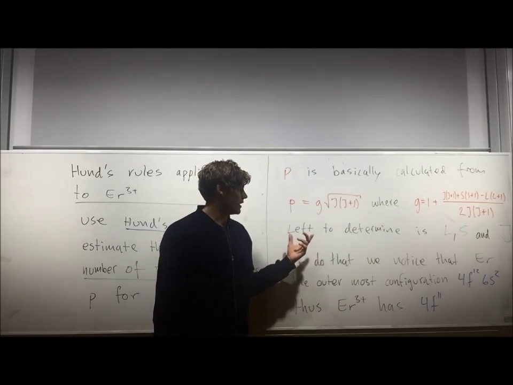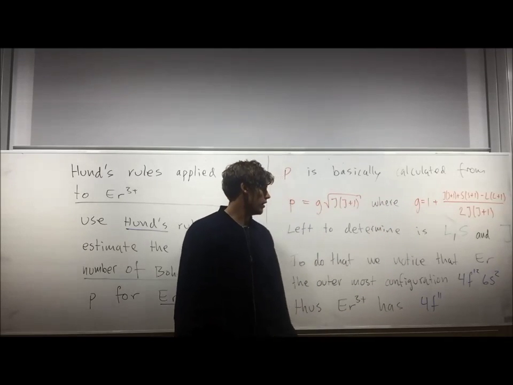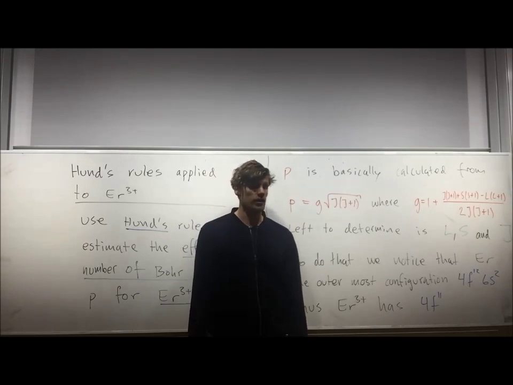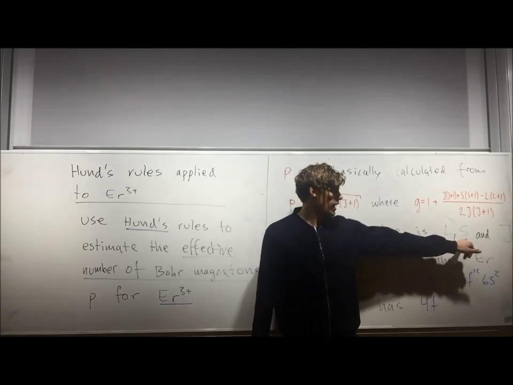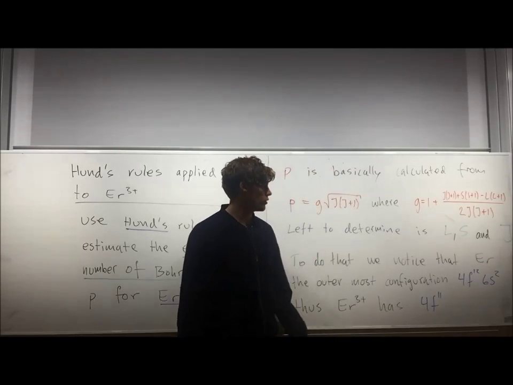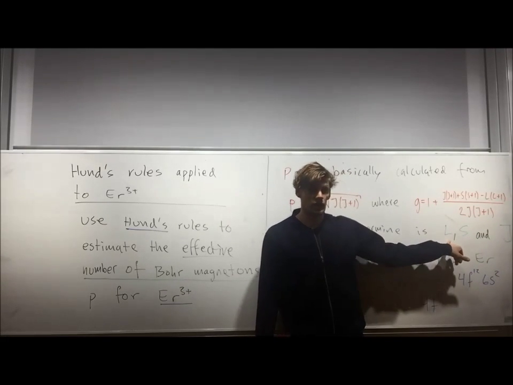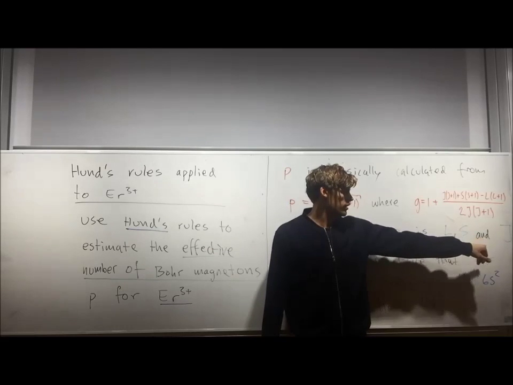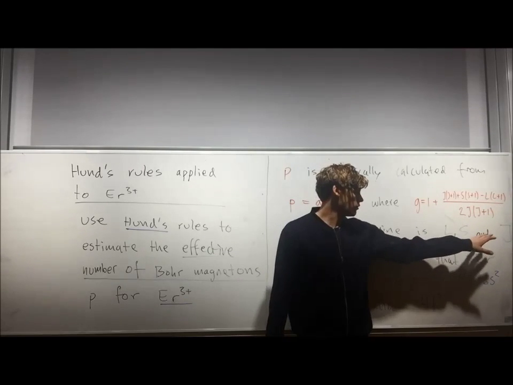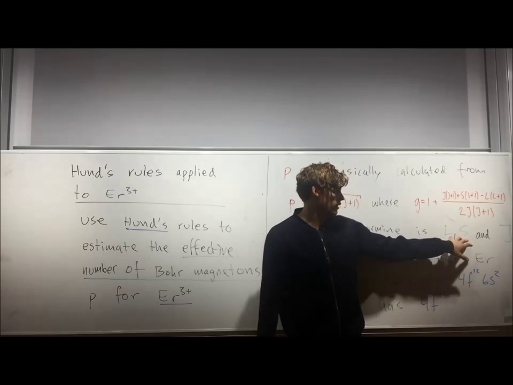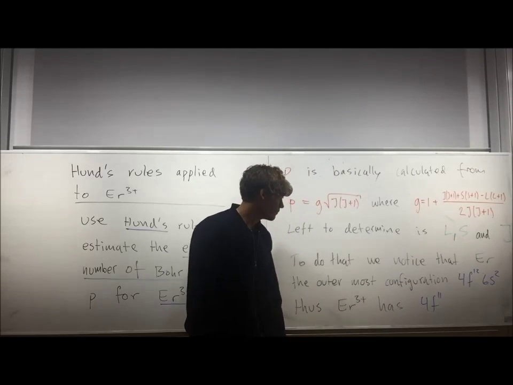If we use this expression, what's left to determine is L, S, and J: the total orbital angular momentum, the total spin angular momentum, and the total angular momentum, including L and S.